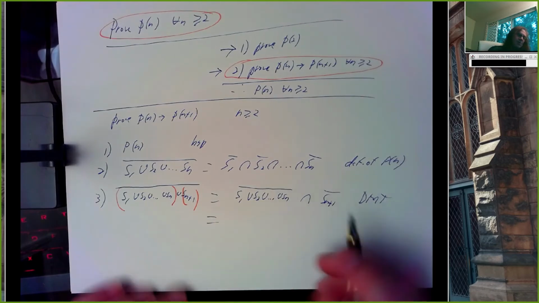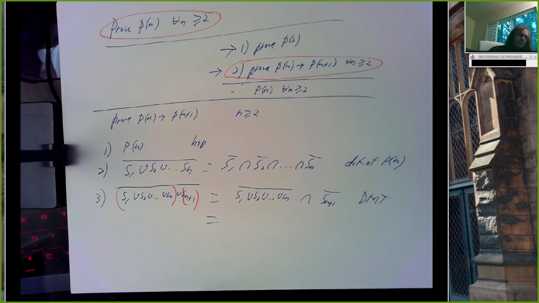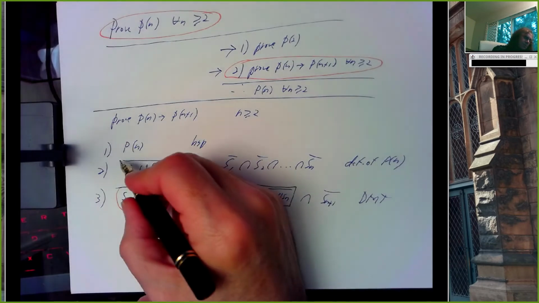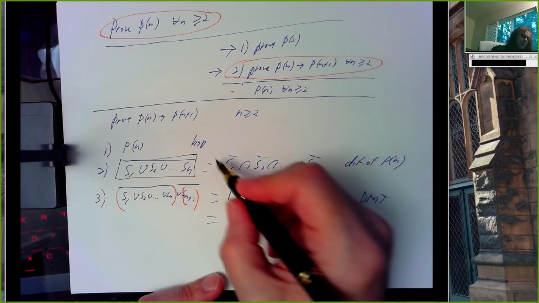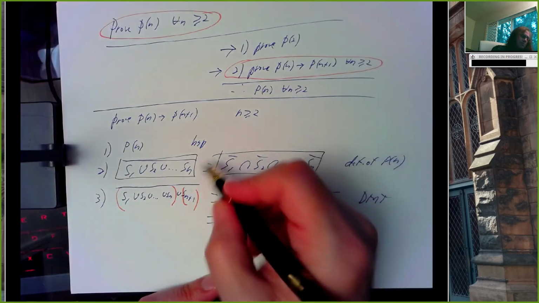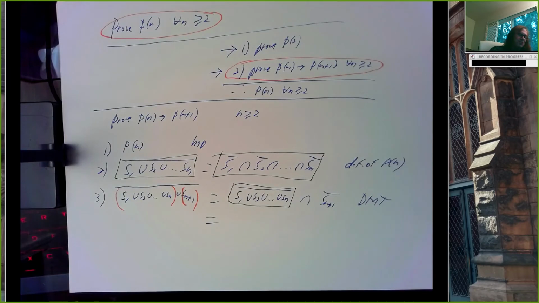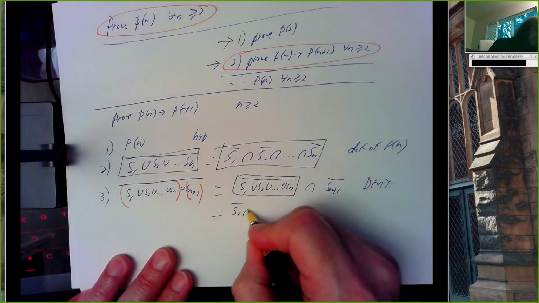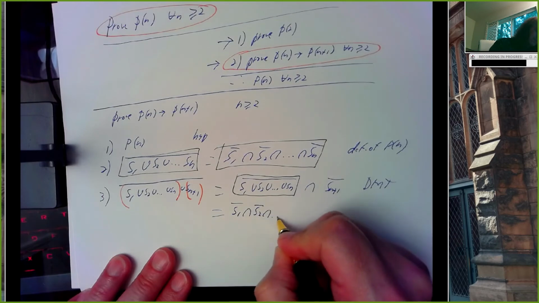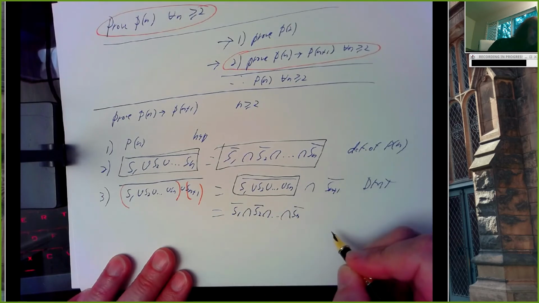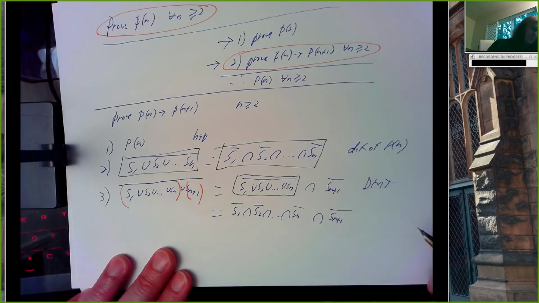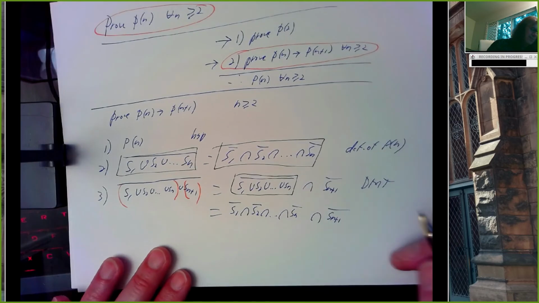But I also know that this is equal to this, because that's the second proposition I wrote. So this thing is equal to this intersection, and I'm still going to leave this intersection of Sn plus 1 complemented, right?